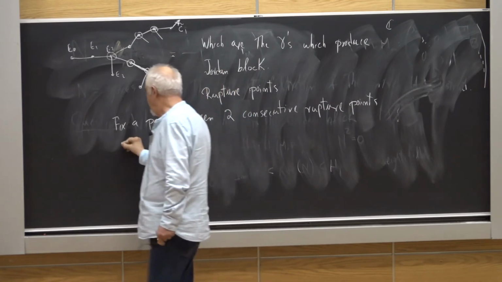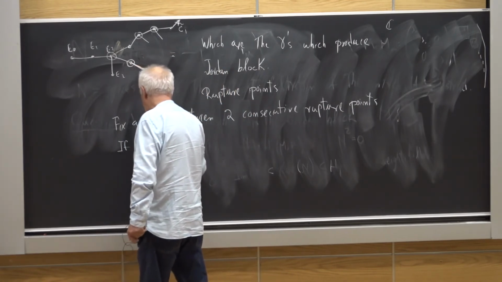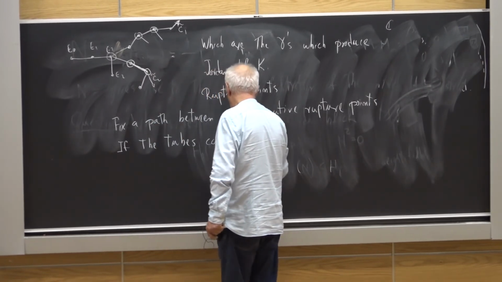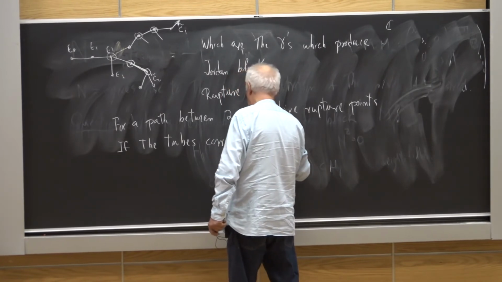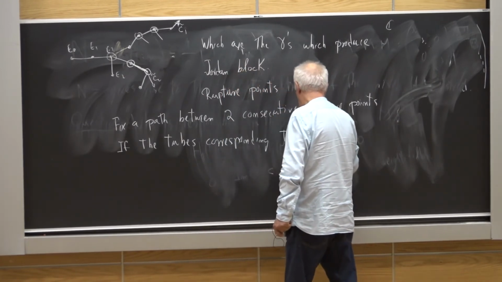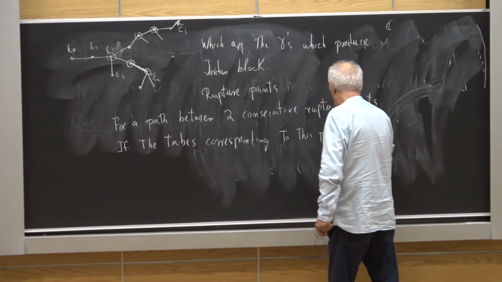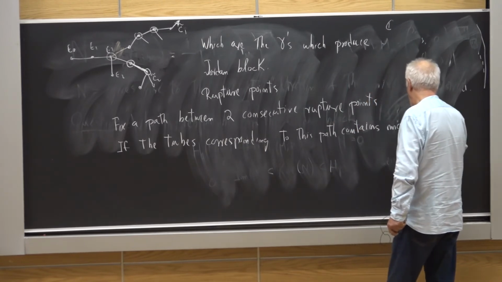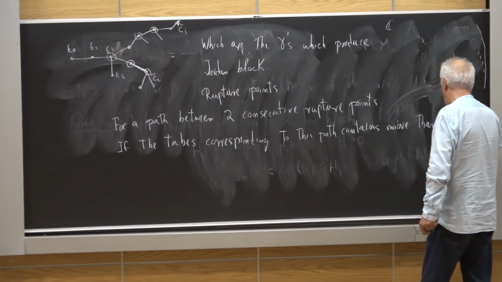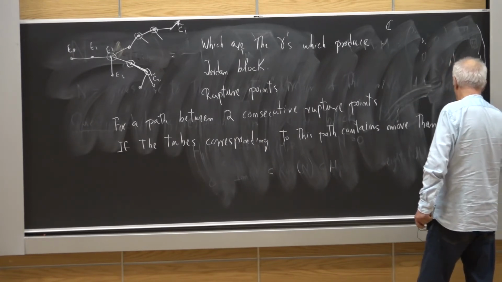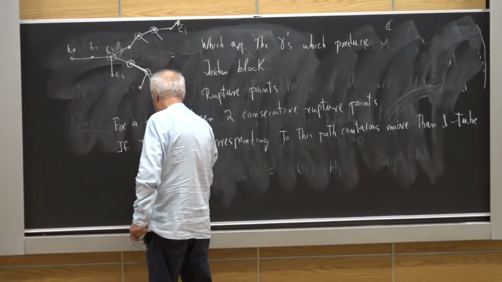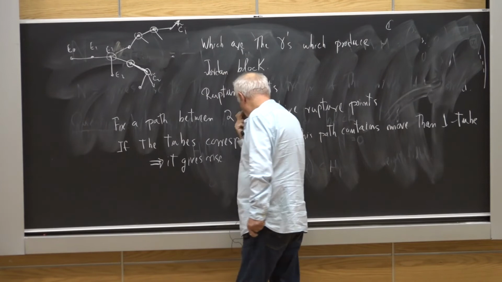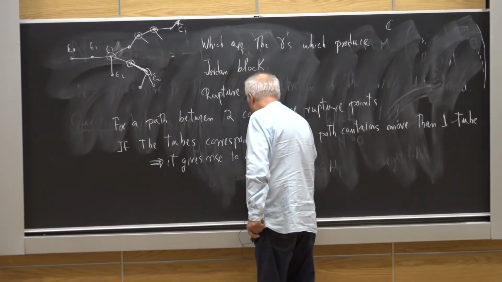Now, if the tubes corresponding to this path contains more than one tube, then it gives rise to a Jordan block.